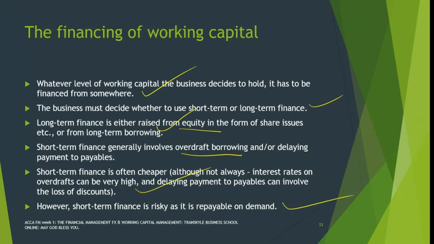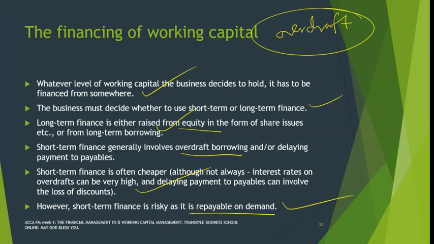Okay, so the term demand, we are simply saying that if you take an overdraft, for example. Let's say you have got a bank account with CBZ or ZB or Barclays, and they offer you an overdraft facility. An overdraft facility simply means that you are allowed to withdraw money beyond what you have in the account.